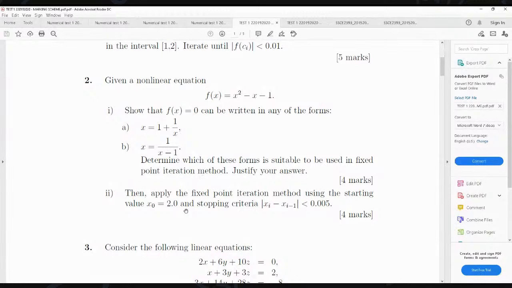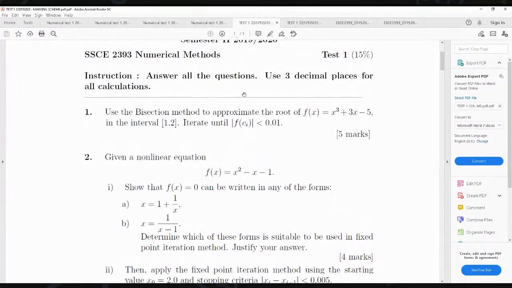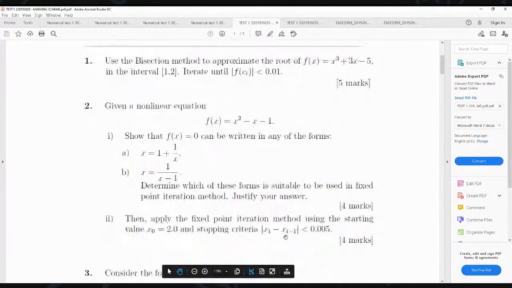And then they want you to choose whether A or B. And iterate the equation using initial condition 2.0, and stopping criterion less than 0.005. The question asks you to use 3 decimal places. So now, what should you do? The first is you need to find the transformation from f(x) to g(x).